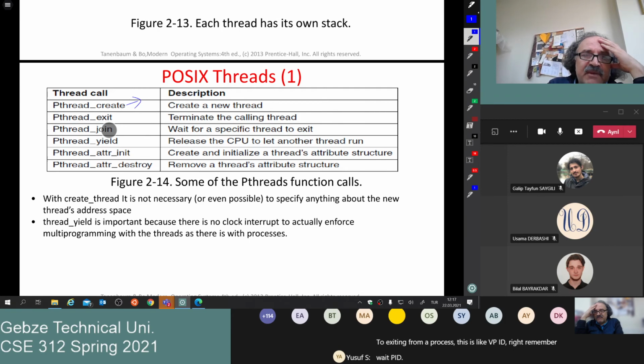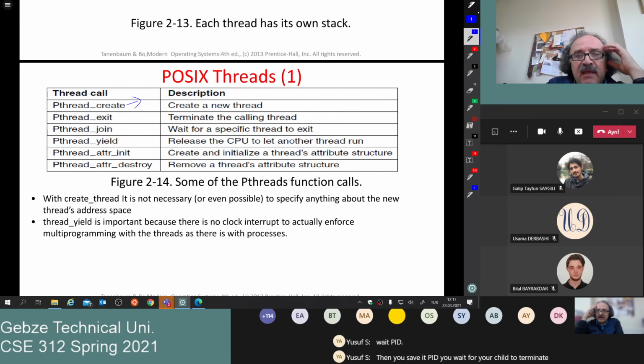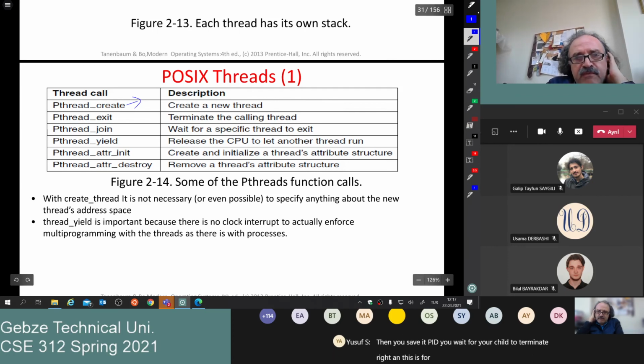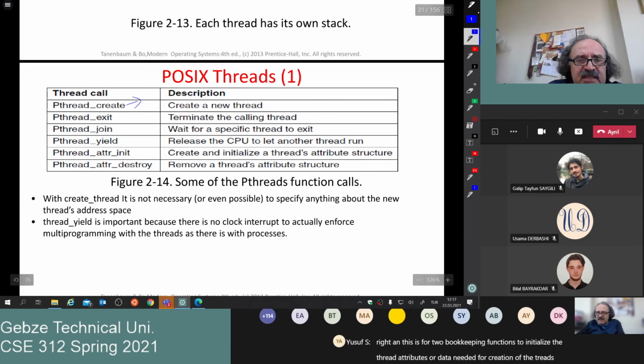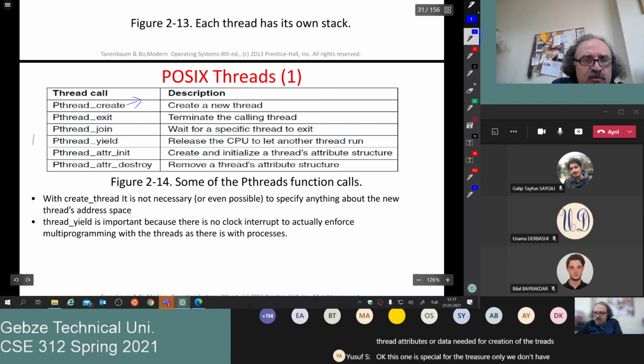When you say wait PID, you wait for your child to terminate, right? And these are two bookkeeping functions to initialize thread attributes or data needed for creation of the threads. This one is special for the threads only. We don't have such a function or such a system call for the processes.